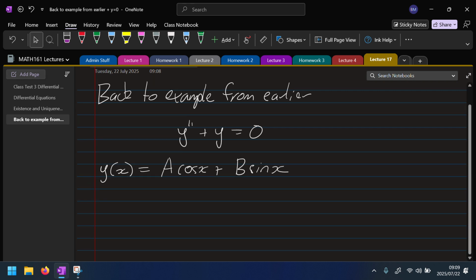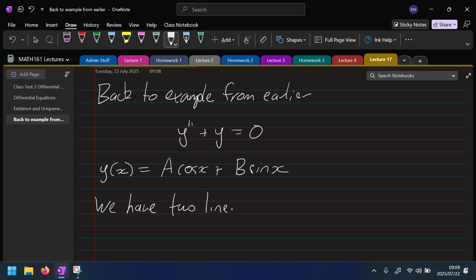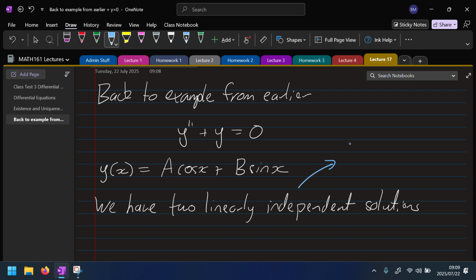Okay, so we have 2 linearly independent solutions, and just a side note, we proved that using W. We proved that they were linearly independent.